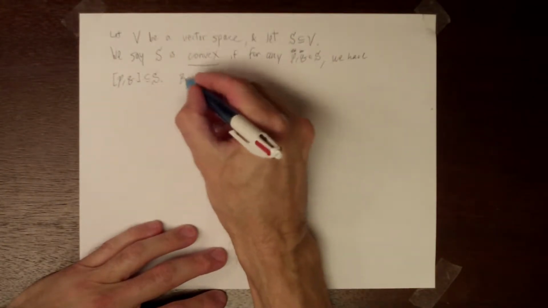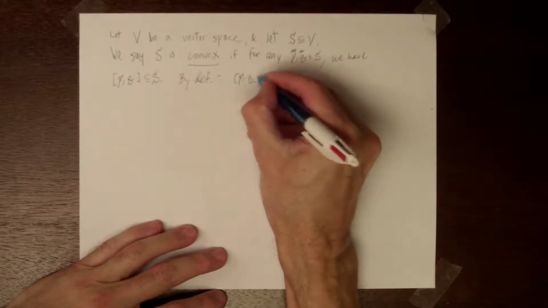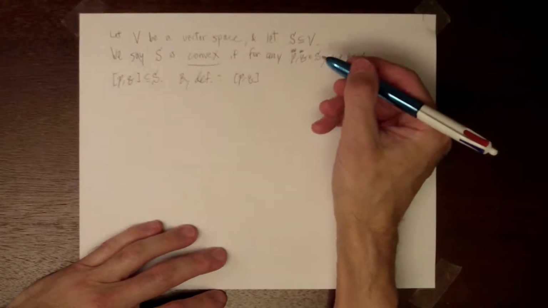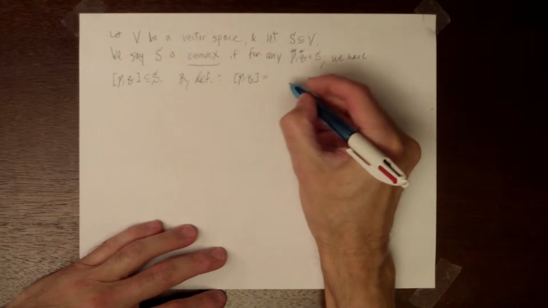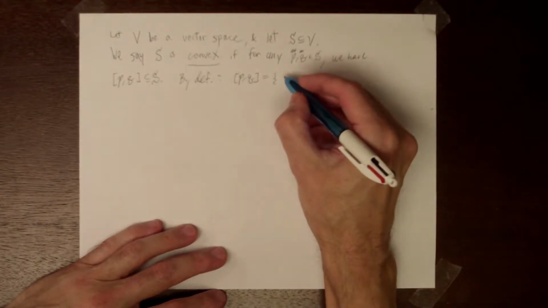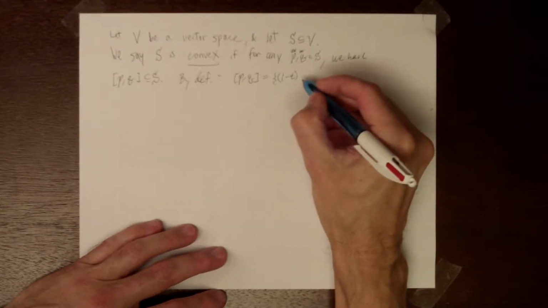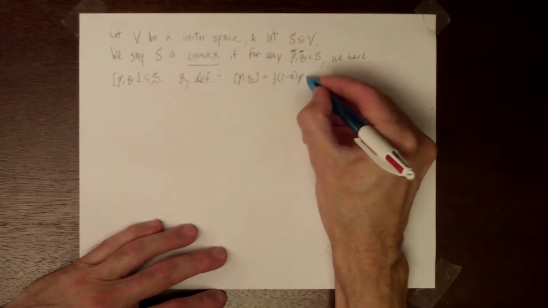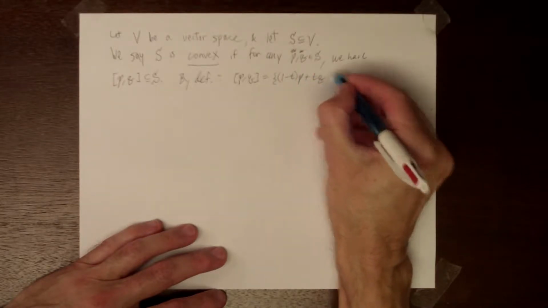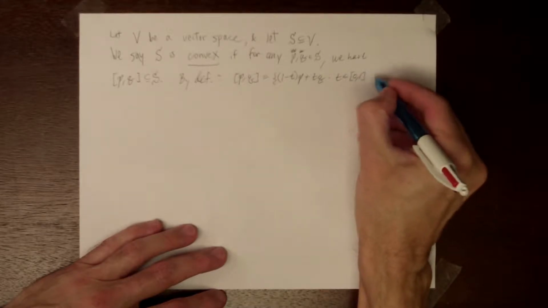By definition, the line segment from P to Q, as we saw in chapter 1 of your text, is the set of vectors of the form (1 minus t) times P plus t times Q, such that t is anything from 0 to 1.